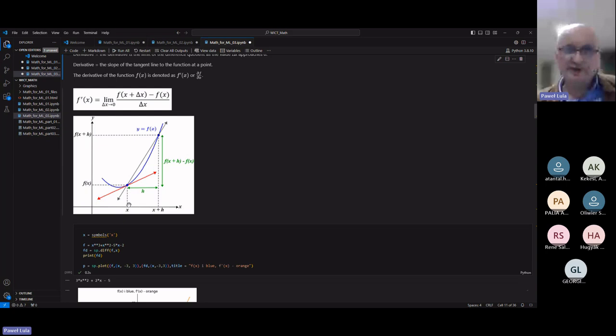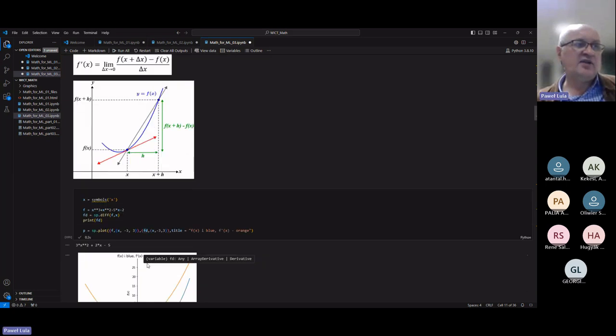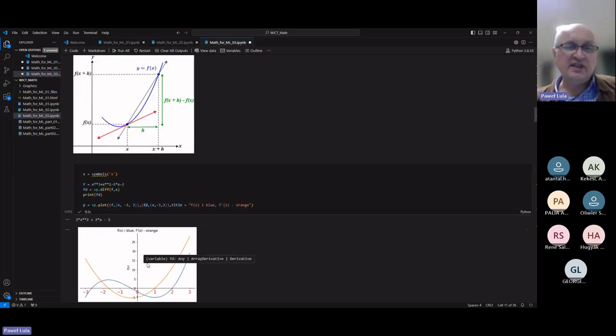So for our function, we want to define a function which we will use for calculating the value of a derivative of this function at a given point. And we can do it using the Python language.